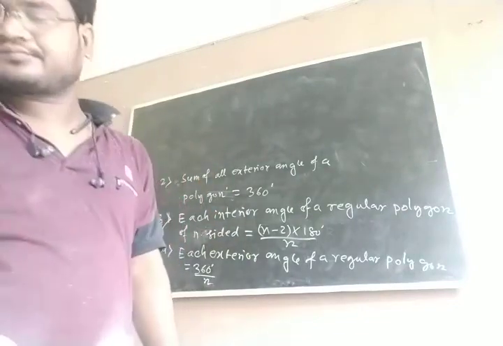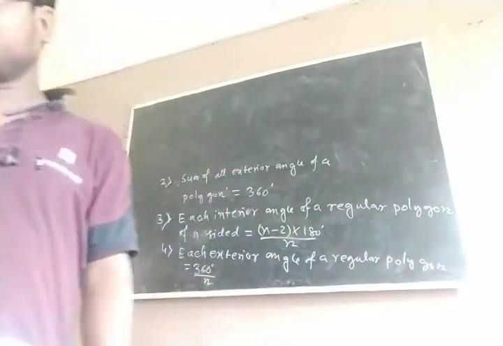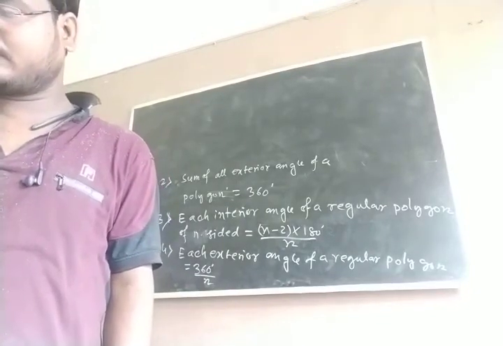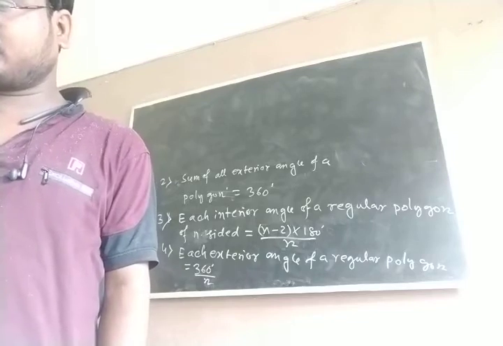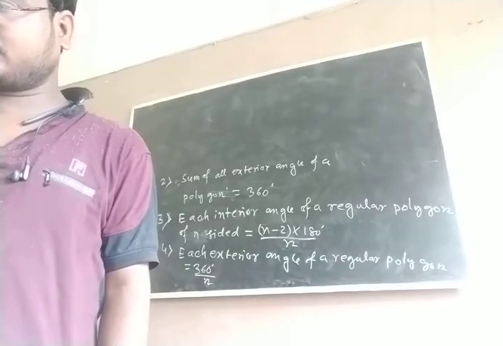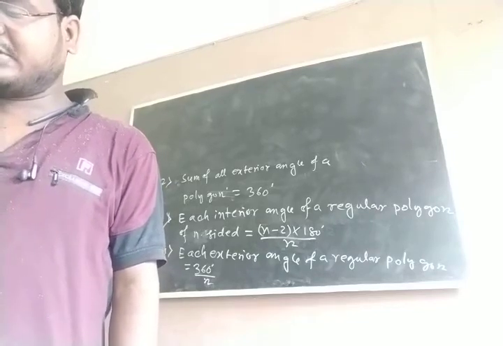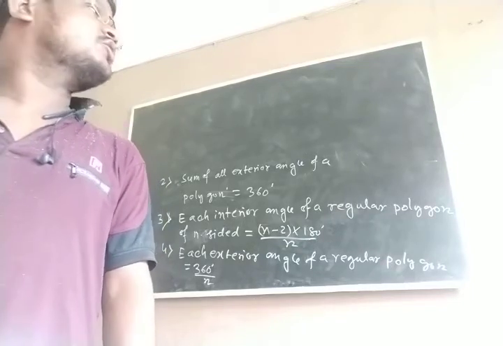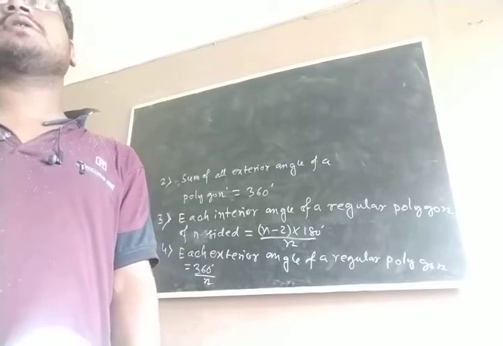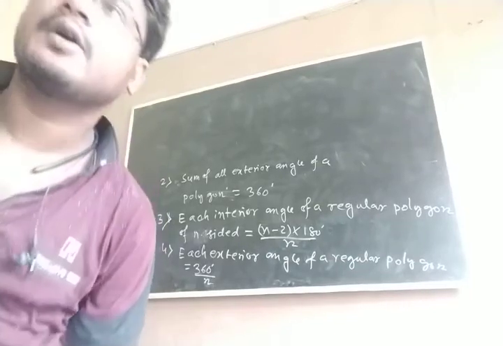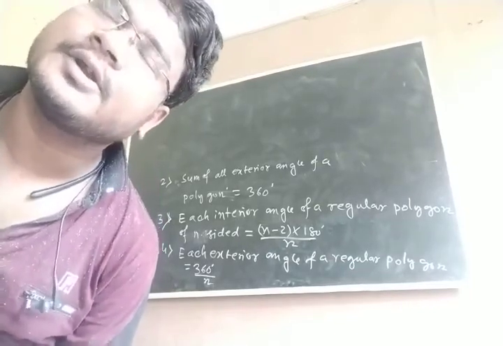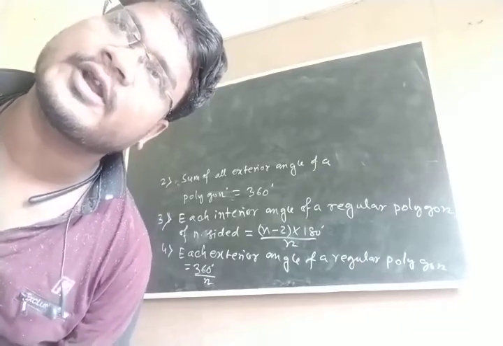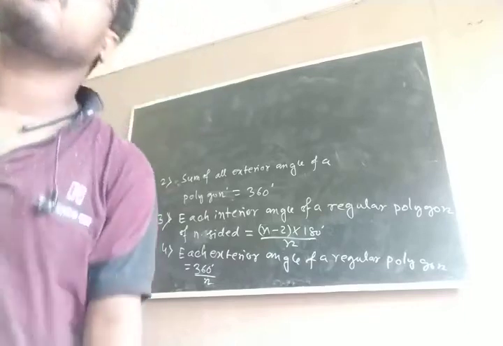Now there is a formula, it is not given in your book. Exterior angle plus interior angle equals 180. For a regular polygon, any exterior angle and its corresponding interior angle sum to 180.